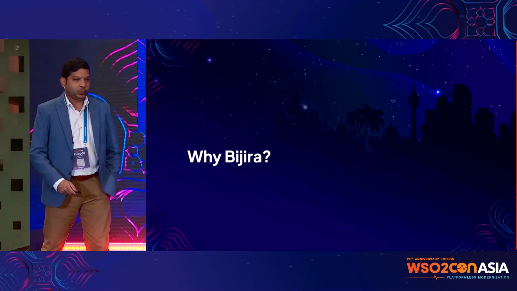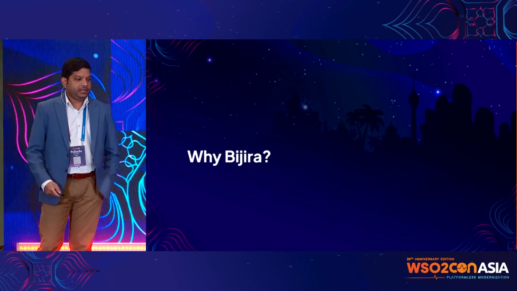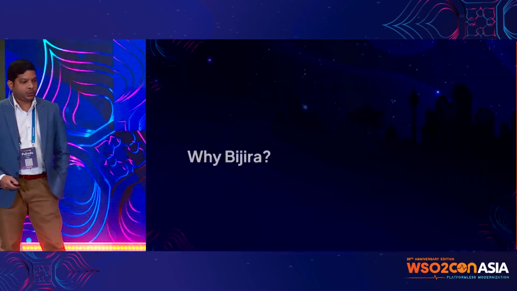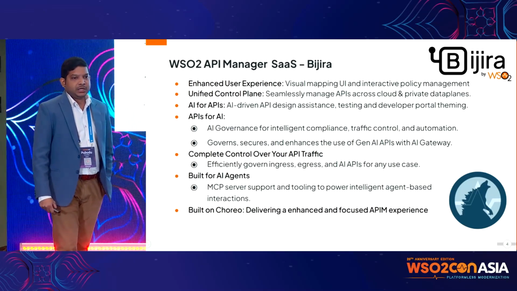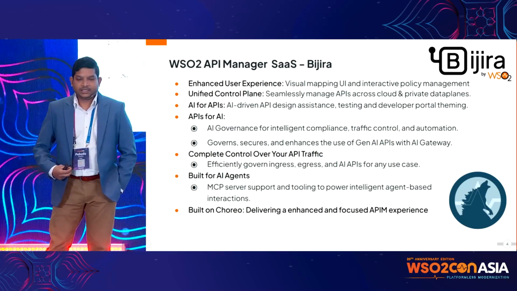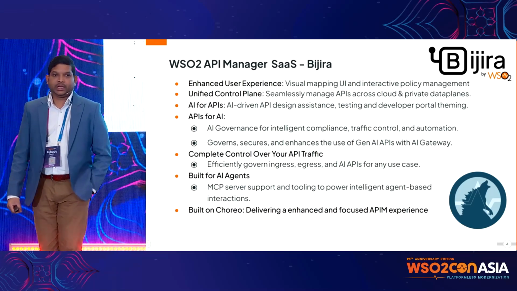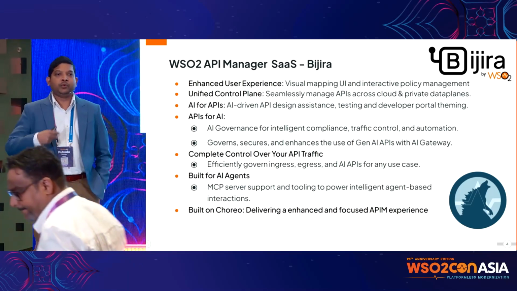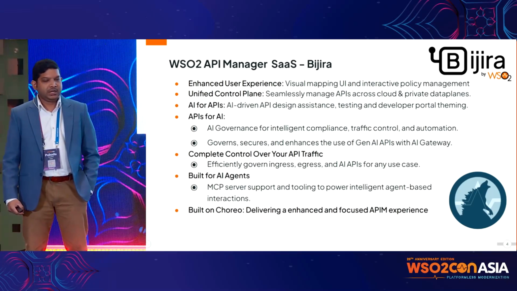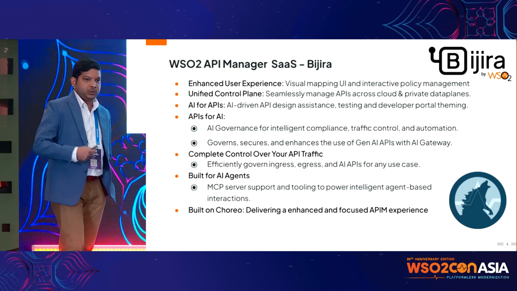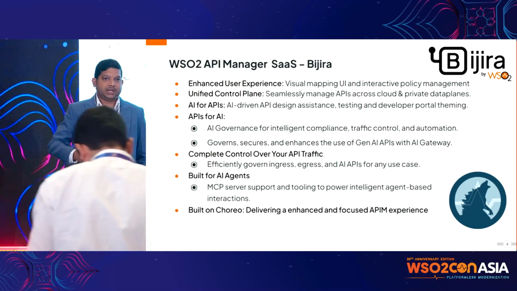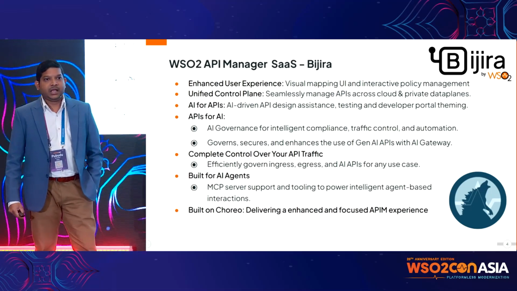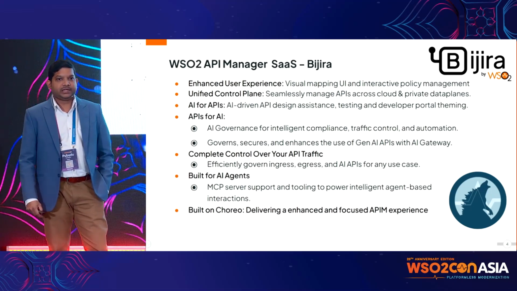I'll quickly go through why Bijira, and why we wanted a more focused API management experience. One of the key considerations was to give an improved user experience, so we have introduced a visual mapping UI and policy management aspects. I'll cover those in the coming slides. Then we have the unified control plane.